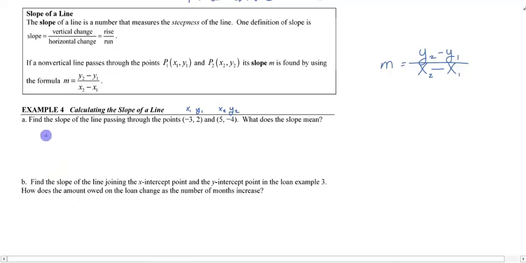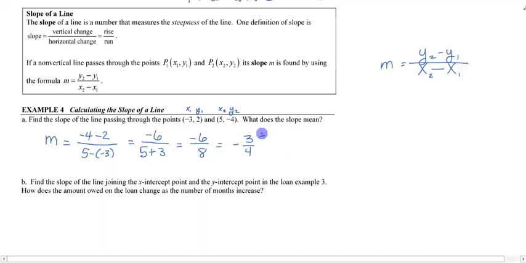And so we have slope is going to be y2 minus y1 all over x2 minus x1. And then simplify from there. -4 minus 2 is -6. 5 minus -3 is going to be a 5 plus 3. So that gives me a -6 over 8, which is -3/4.